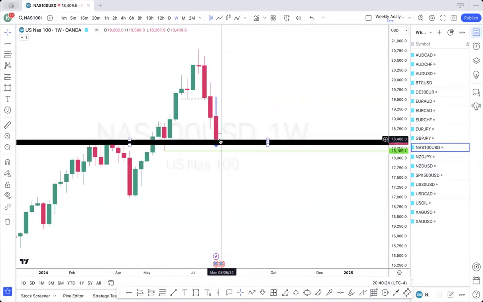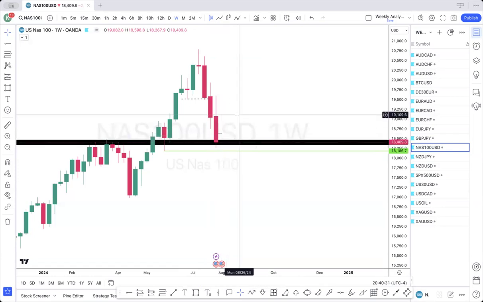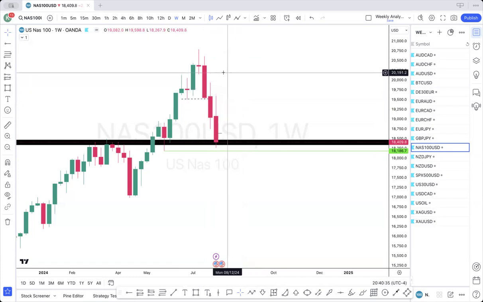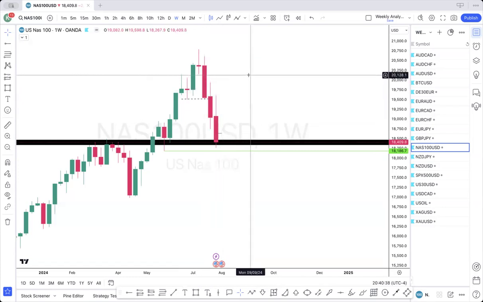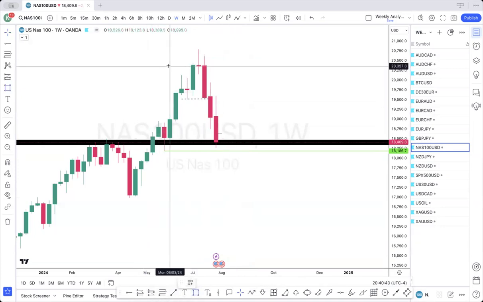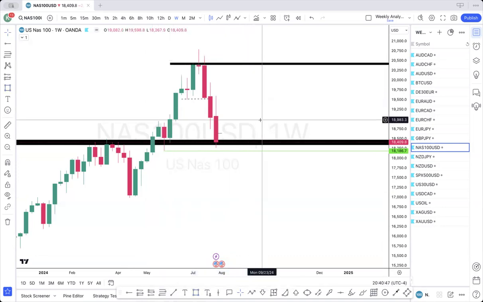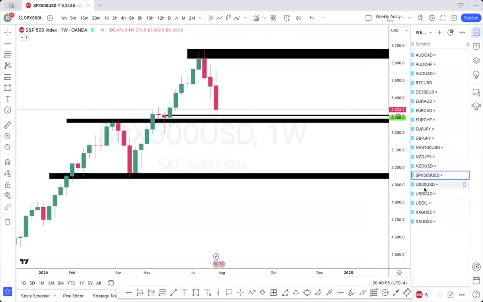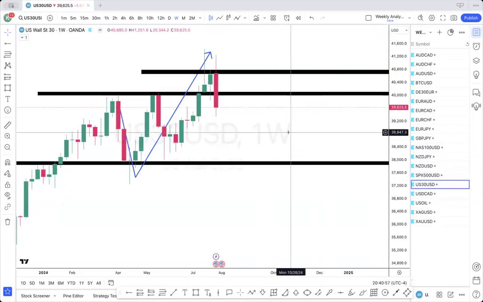Yeah, same thing. So NAS could buy into this imbalance or back up to this key level, which we will mark here. Okay. And do the same thing. And that's looking like that for all three.